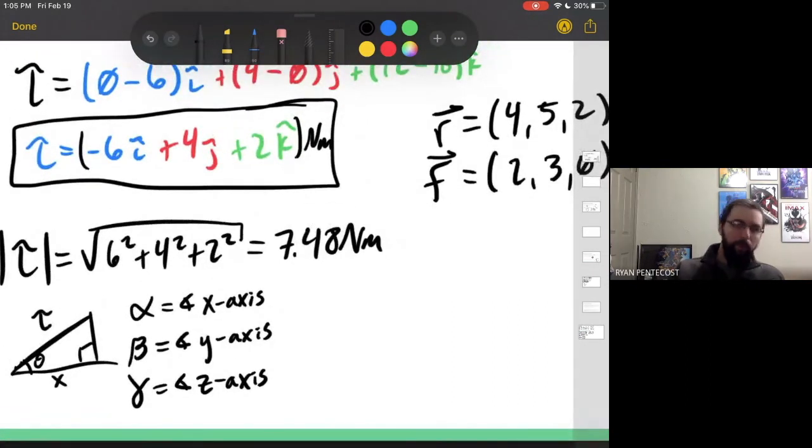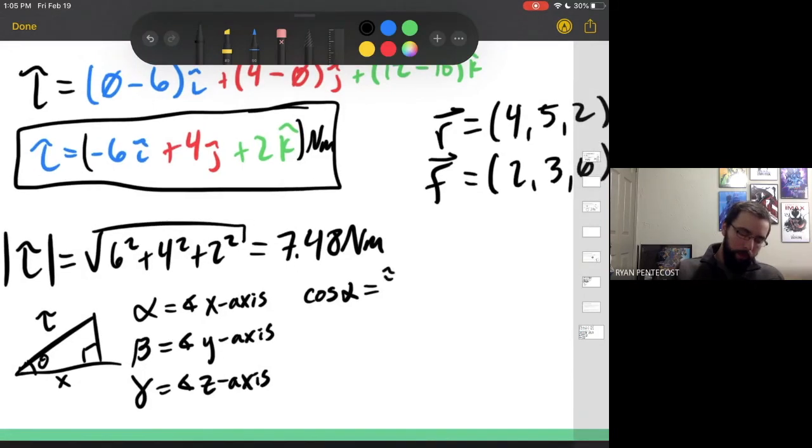So to find alpha, the cosine of alpha would be your I component divided by torque. And then cosine beta would be your J component divided by the torque. Cosine gamma would be your K component divided by your torque.